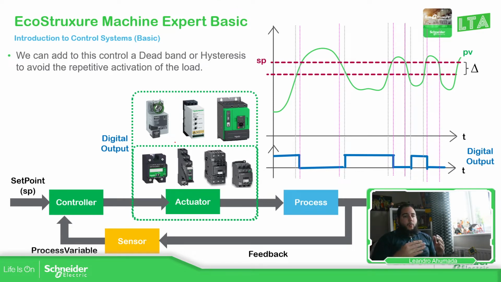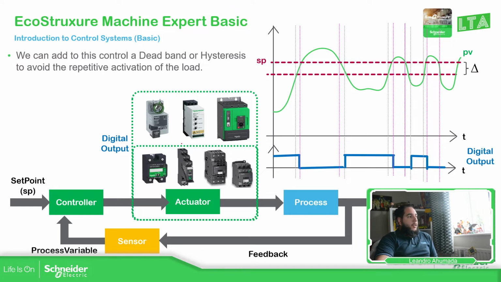If you're trying to activate a comparison and you don't have some kind of hysteresis or deadband, the amount of energy in each start is going to be huge, and probably it's not going to be the right effect on the installation or in the plant. So that's why you probably have some kind of hysteresis or deadband, just to reduce that when using this kind of control, as you can see over here.